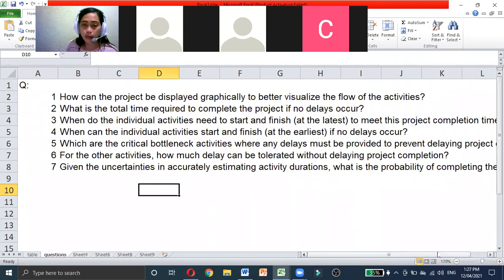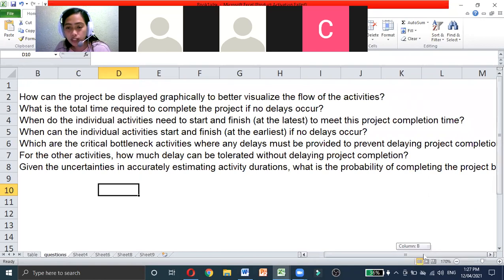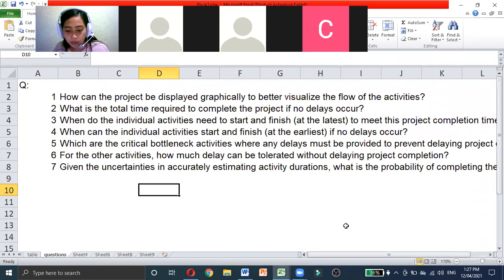What is the total time required to complete the project if no delays occur? That is 44 weeks without delay. Next, when do the individual activities need to start and finish at the latest to meet this project completion time?